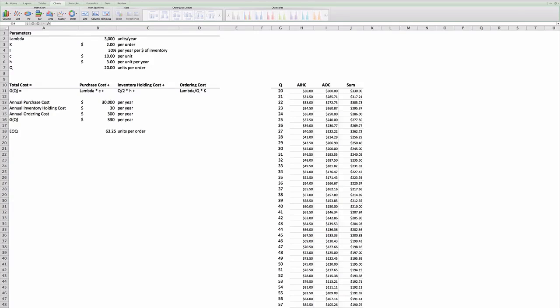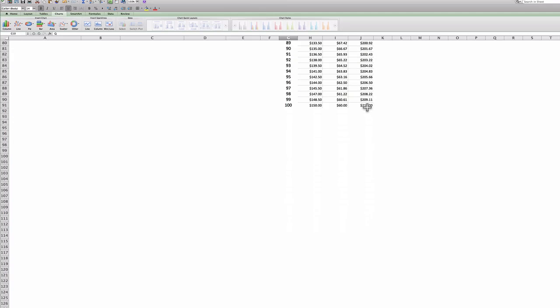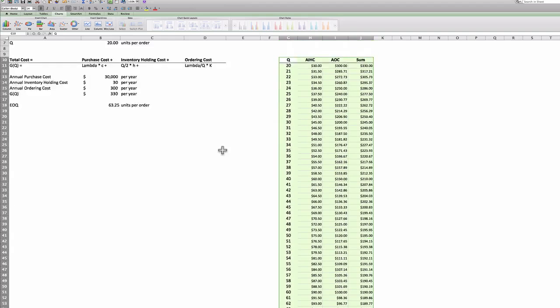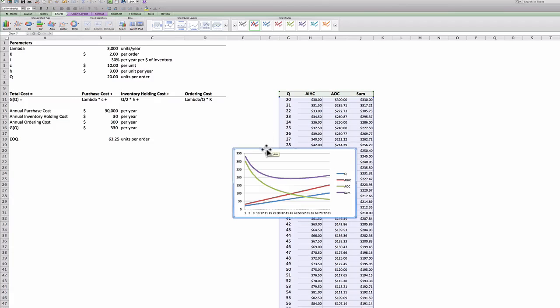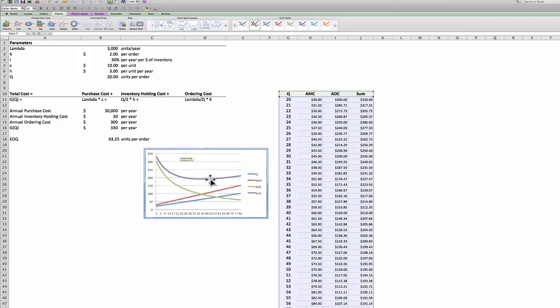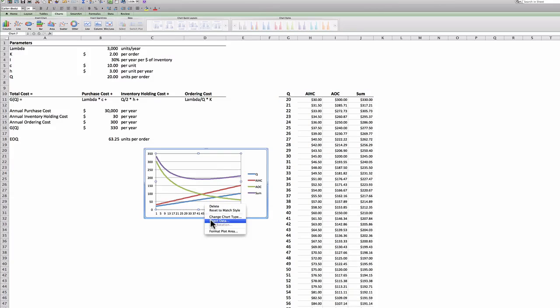Now, let me just graph this for you. Again, the way we do this is we highlight the entire table, and then we go to Insert, Line Graph, and we select a 2D line graph. Once the graph comes up, we will reformat the graph to make it a little more readable. To do this, we simply right-click on the graph and click on Select Data, and we're going to remove Q from the graph.